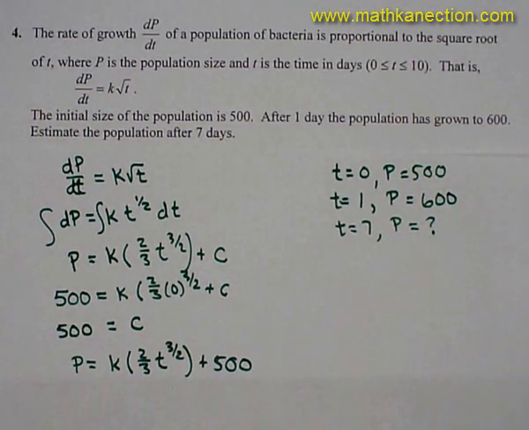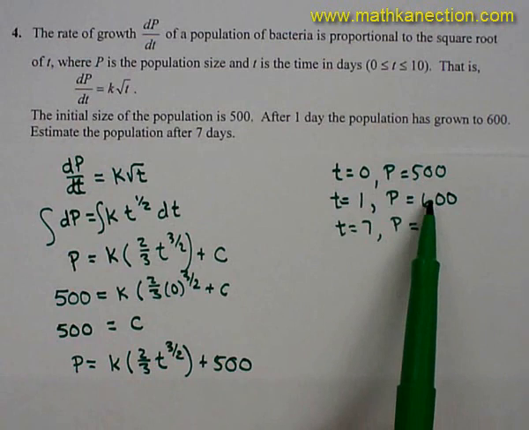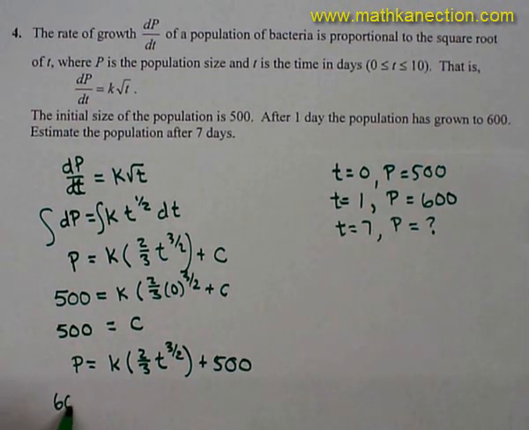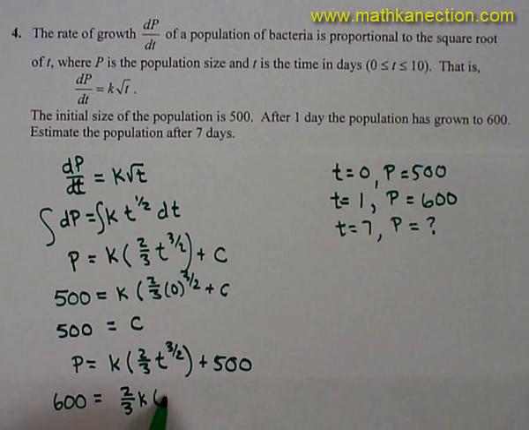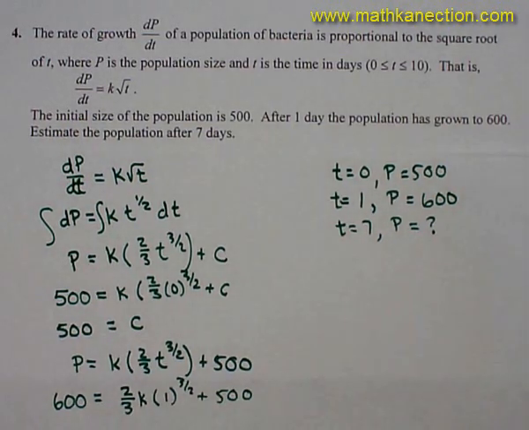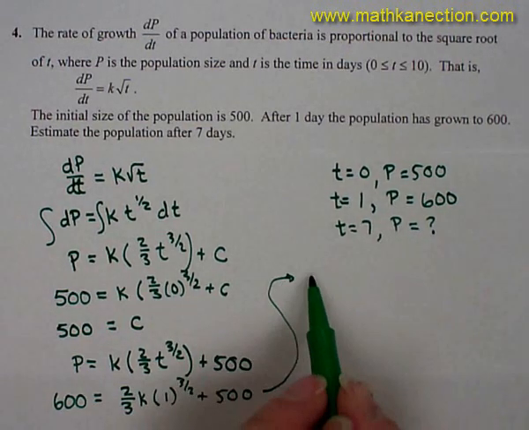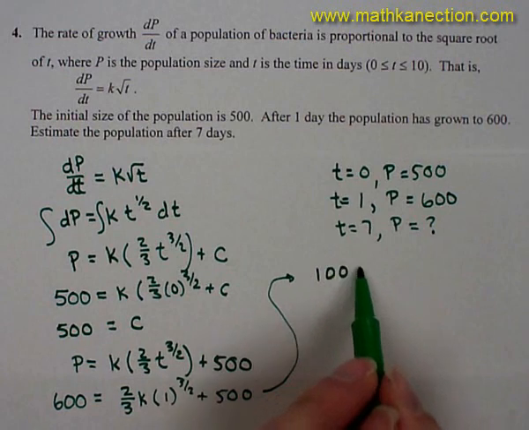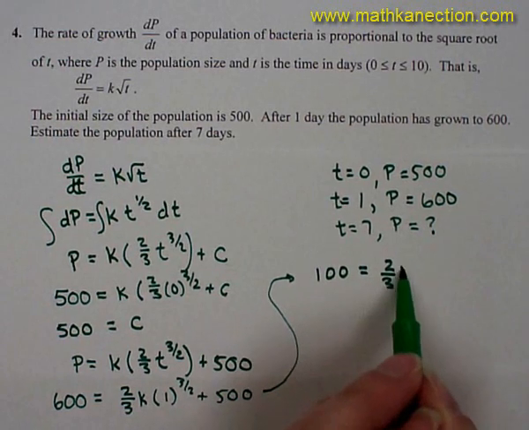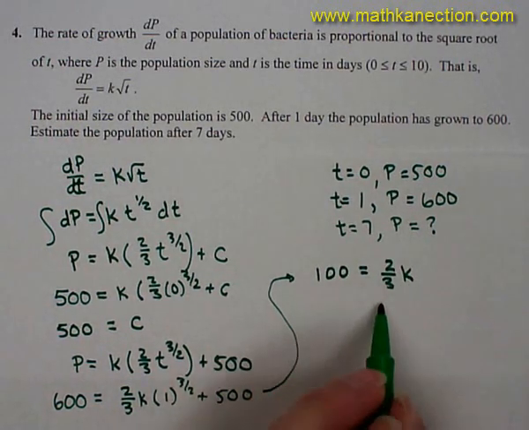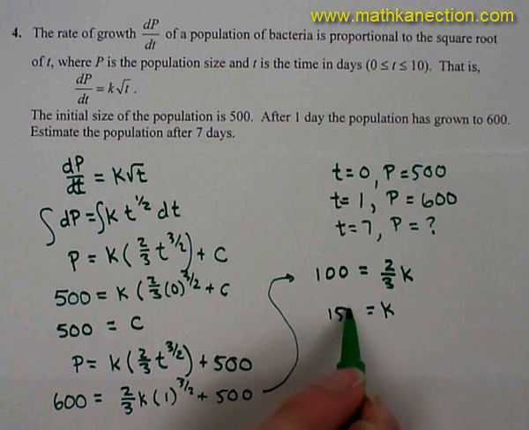Using our other initial condition of population is equal to 600 and time is equal to 1, replacing that into our population equation, we get 600 equals 2/3 k times 1 to the 3/2 plus 500. Go ahead and then solve that problem for k. And we get the value of k is equal to 150.